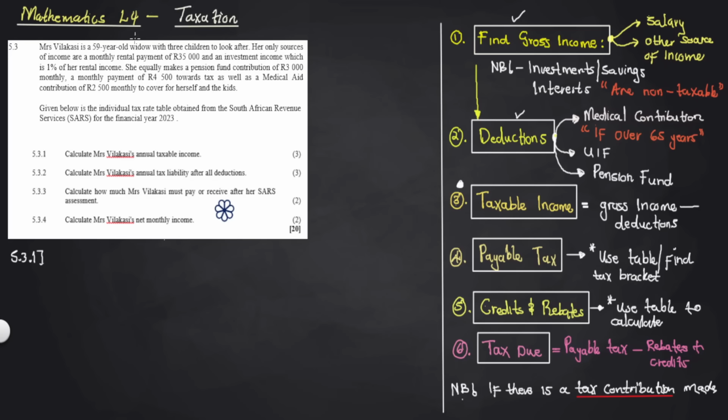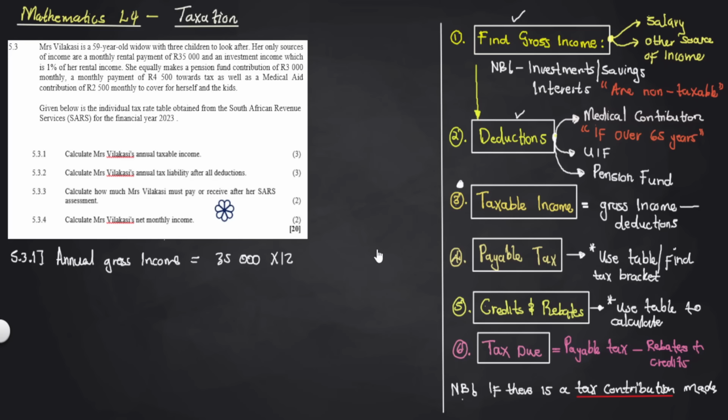So the annual, it's always annual, gross income is equal to the 35,000 rand multiplied by 12.